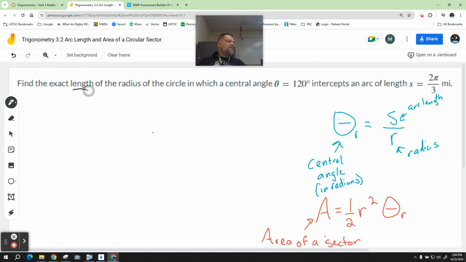So they said find the exact length of the radius. So immediately I know they want us to find the radius of a circle with a central angle of theta in 120 degrees, that intercepts the arc length S, that is 2 pi over 3 miles.